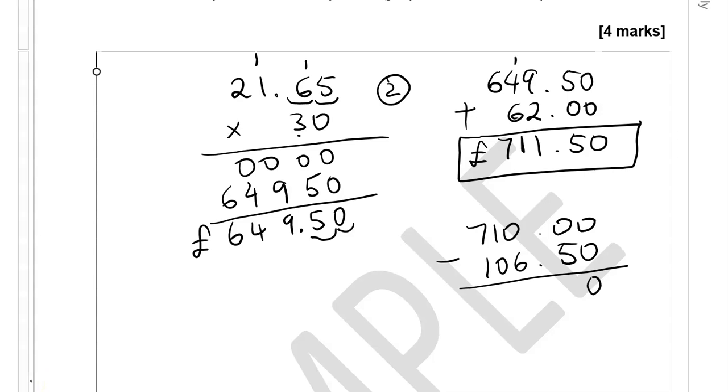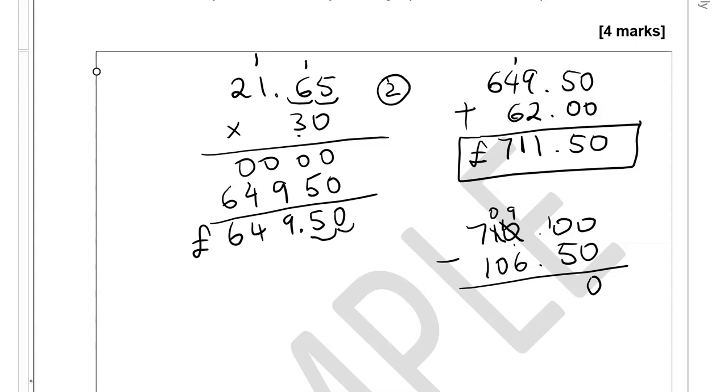So 0 take away 0 gives us 0. Now we've got to take away 5 from the 0, which means we need to borrow. We can't borrow from the 0 here, so we're going to borrow 1 from the 1 here, and this will become 0, this becomes 10. So that means we're going to borrow 1 from it now, and this becomes 10.